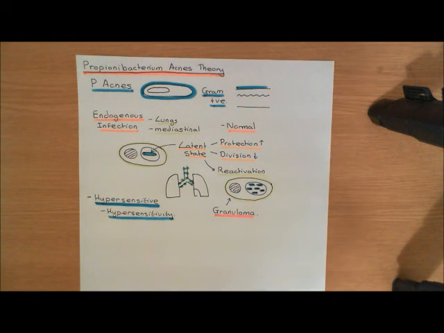So the idea is that in most people in the population we have an endogenous infection of Propionibacterium acnes in the lung and mediastinal lymph nodes, and this is because when the alveolar macrophages engulf inhaled Propionibacterium acnes cells, some of those cells go into a latent state where they can resist being destroyed by the alveolar macrophages.